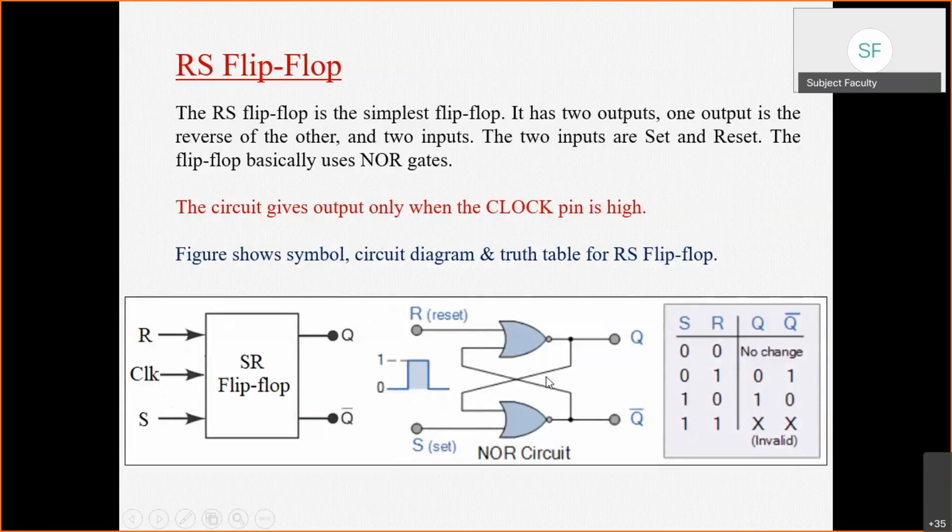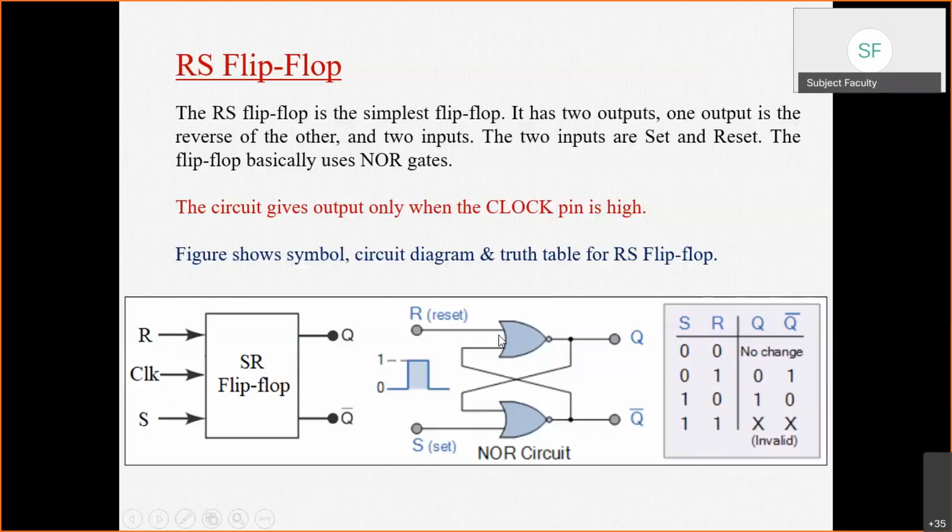So here you can observe two NOR gates are used, and these connections are very important. The Q bar is connected to one of the inputs of this NOR gate. The other input is the reset terminal, reset input.